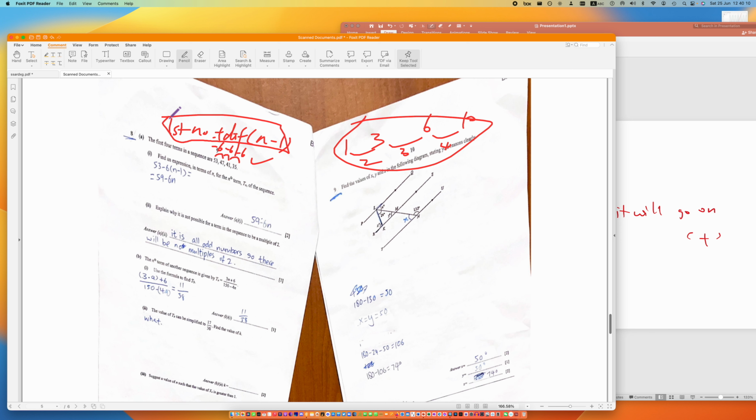Okay. Can you see that there is the word difference here? This difference means over here it is minus 6, but here the difference is 2, 3, 4. So you don't have the same difference, so that's why you cannot use this formula for this question. Okay. Don't use it blindly. If you use it blindly, it doesn't work. You know why?